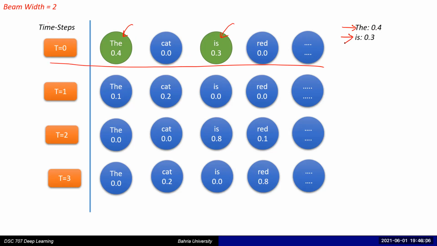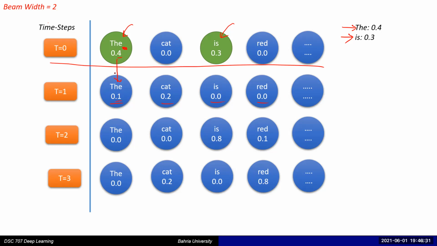Now, what should be the next step? The next step should be that I will fix the first word to be "the", and I say, if the first word is fixed to "the", what are the most likely 2 choices for the next word? And how will I compute the probability of the sequence? For example, if it is "the the", the probability is simply the product of 0.4 and 0.1.